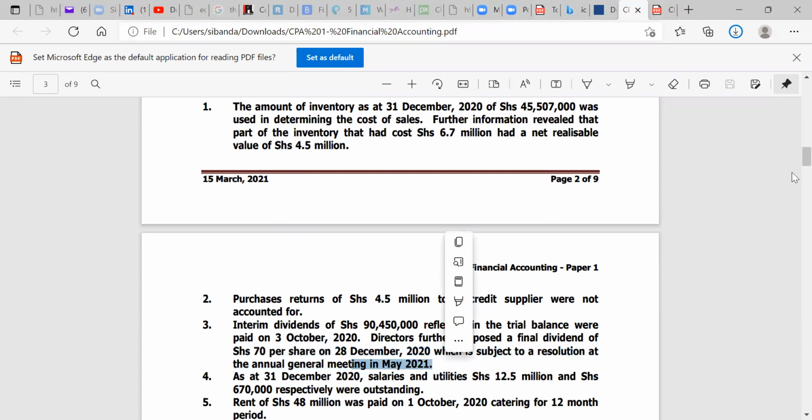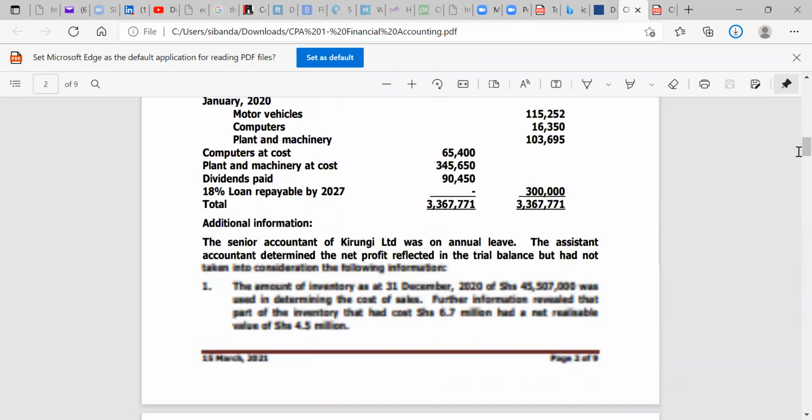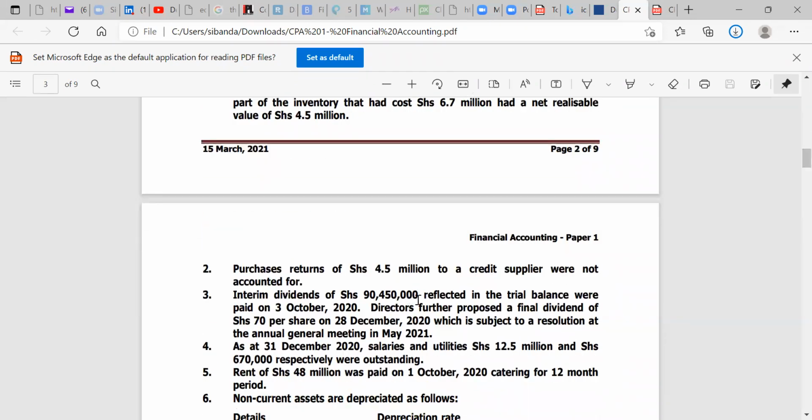Our financial year ends 31st December 2020, so by the time we get to May, it's a totally different period. We are preparing financial statements for the period ending 31st December 2020, and we've not yet made the resolution. So this should not affect our accounts. Rather, we should just have a disclosure made on them.